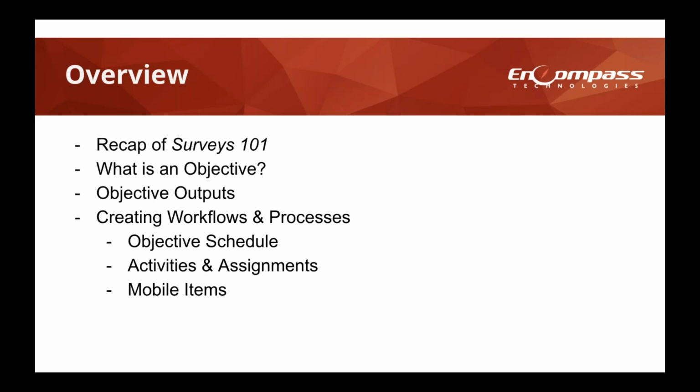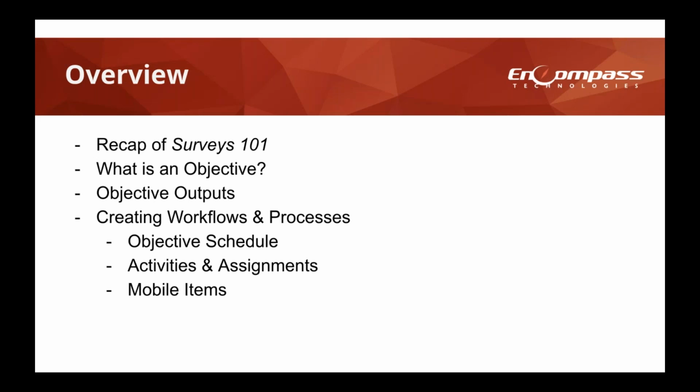Now, once we understand what was recapped last time, we're going to ask some questions about what objectives truly are within Encompass, right? And how do those relate to you all as a business? Then once we understand that, a large majority of the training is really going to be focused on how to manipulate the outputs of these objectives so that your sales reps and your sales force, your employees who are out in the marketplace are able to efficiently consume these tasks, and ultimately you're able to get the results and the data that you want out of them, right?